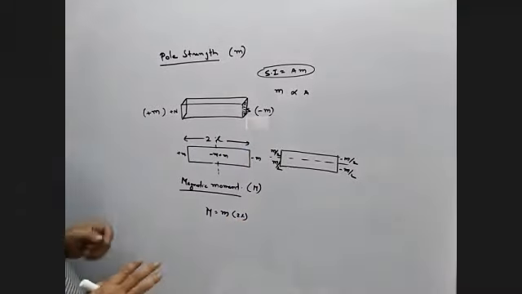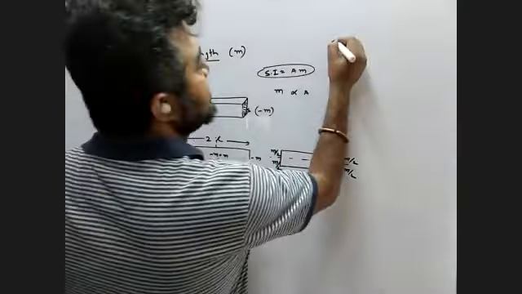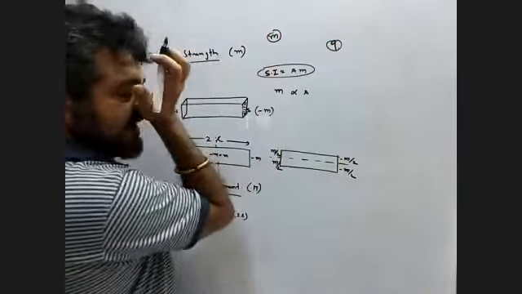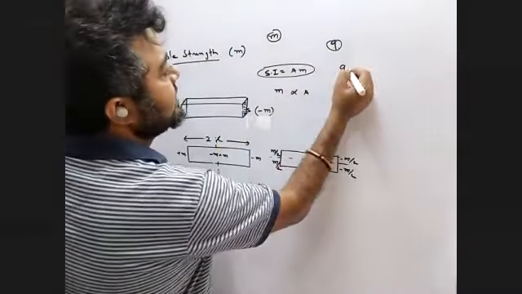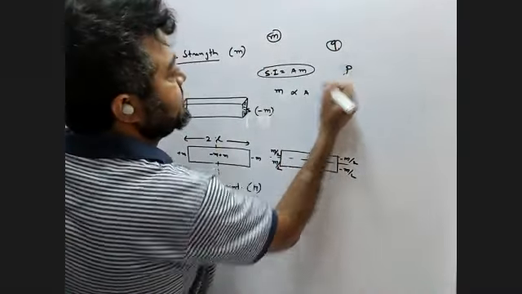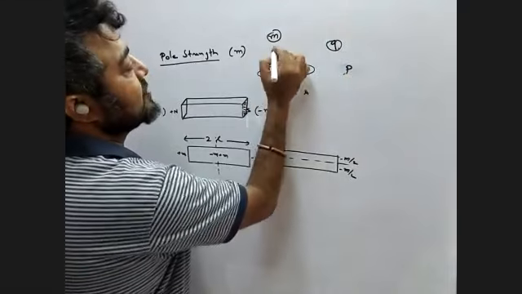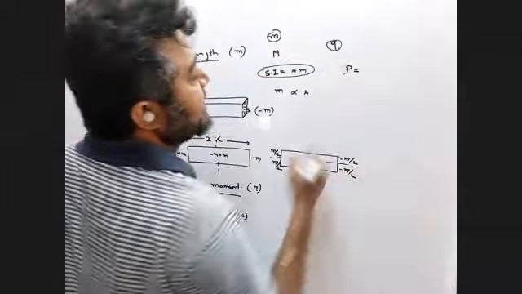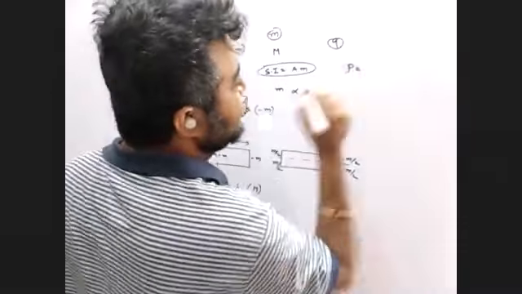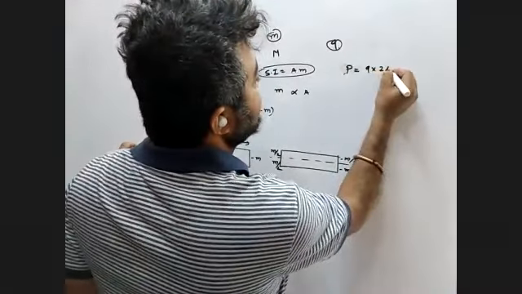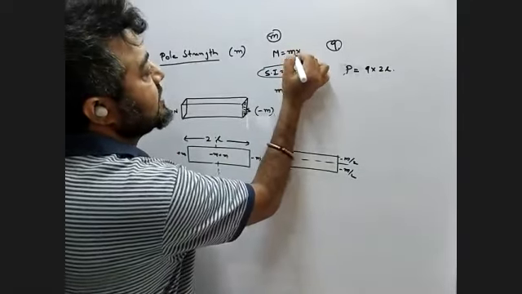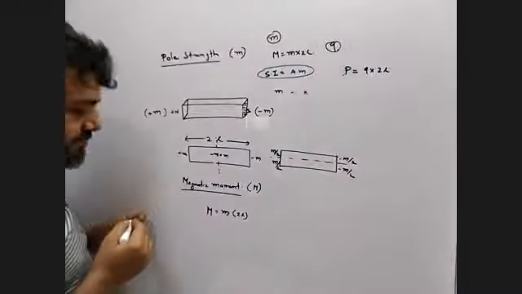Basically, in electrostatics you have a charge; in magnetostatics you have pole strength. In electrostatics you have dipole moment P; in magnetostatics you have magnetic moment M. In electrostatics, the dipole moment is charge into separation between the two charges. Here also it is pole strength into separation between the two poles.